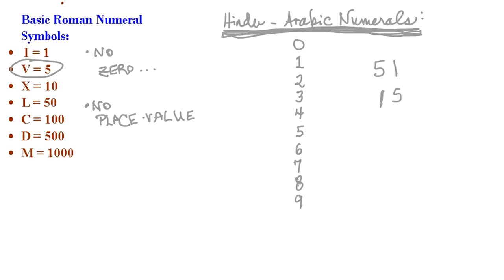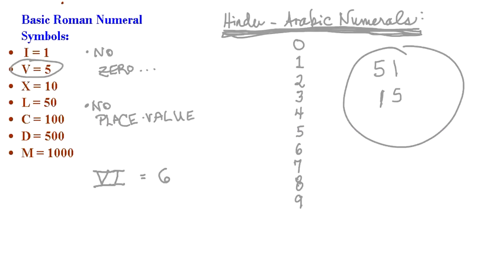It's obvious that the numbers 51 and 15, if we didn't know any better and we wrote a V and then a 1, well, we know that the 5 and the 1 in the Roman numeral is equal to the number 6.